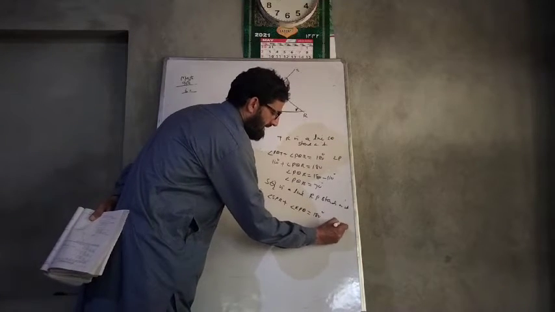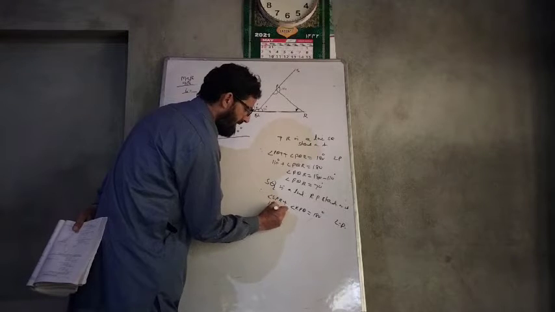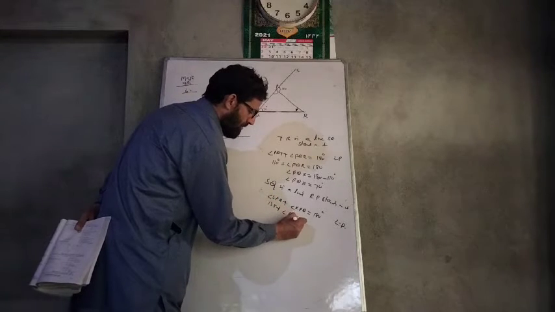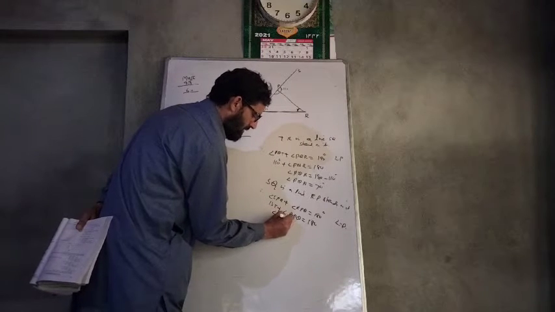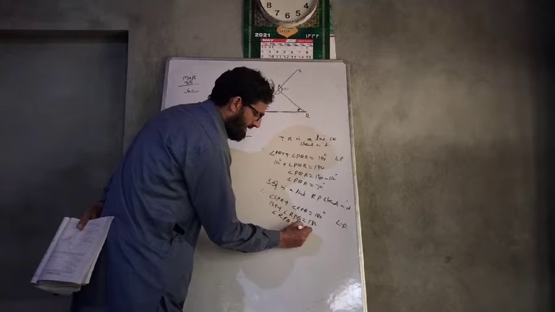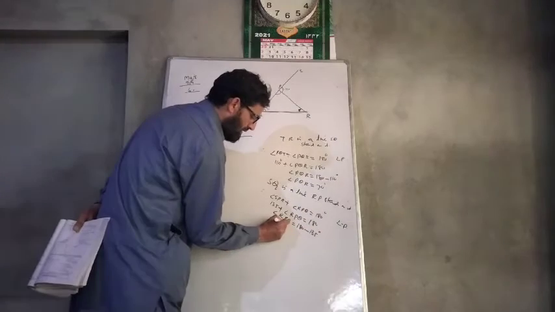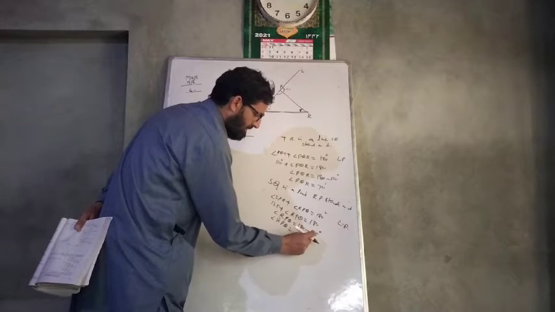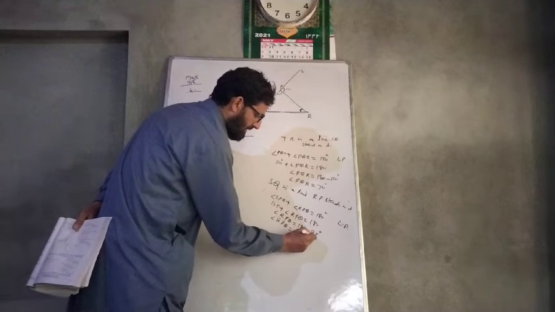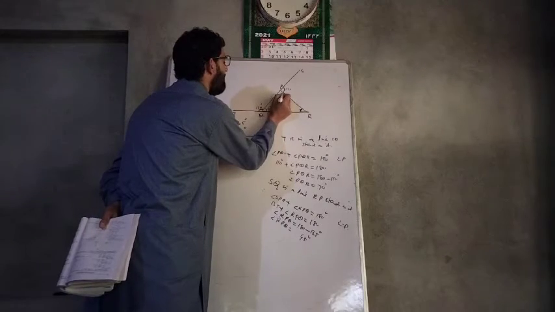Again this is a linear pair. Angle SPR is 135, plus angle RPQ is equal to 180. Angle RPQ is equal to 180 minus 135. Angle RPQ is equal to 45 degrees. So this is 45.